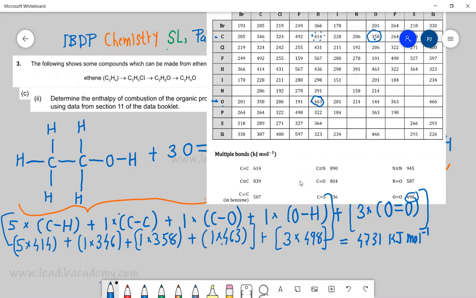Okay, very simple. So just remember this, or I'll write it down somewhere. 4731 kilojoules per mole. This is what is required to break the bonds in the reactants.